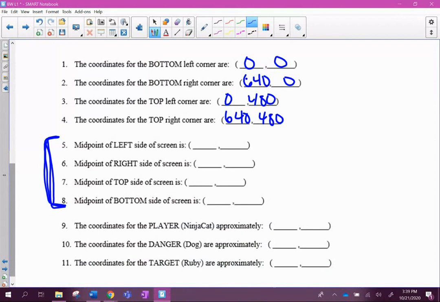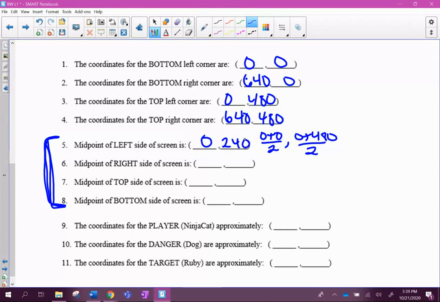So we're going to do 0 plus 0 divided by 2, comma, 0 plus 480 divided by 2. So if we think about this, 0 plus 0 is 0, and 0 divided by anything is still 0. So its x value is 0 here. My y value is 480 divided by 2, which half of 480 would be 240.